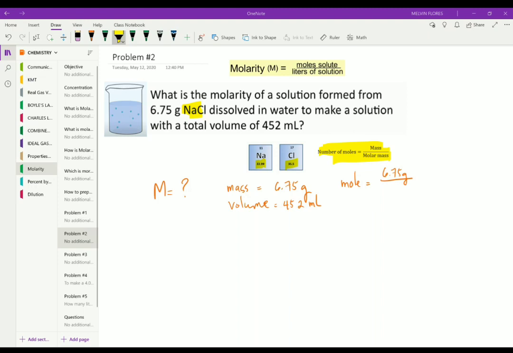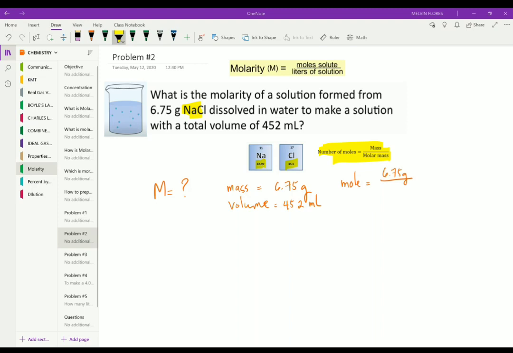So we have 22.99 plus 35.5, that would give you about 58.49. Okay, I would recommend rounding that to a whole number for easy calculations.